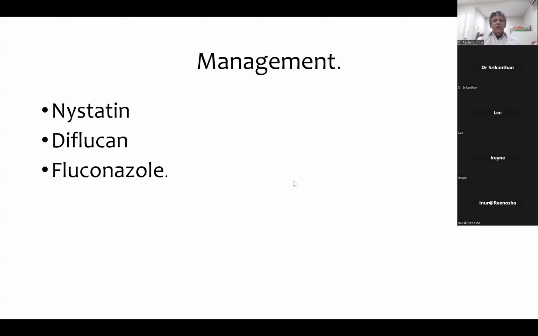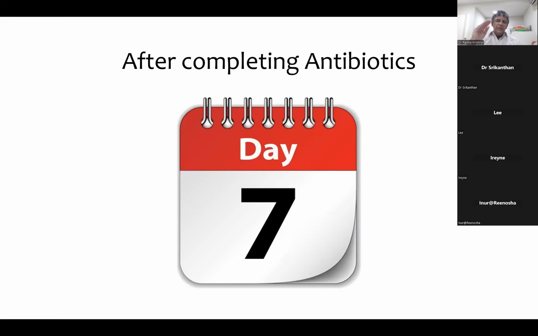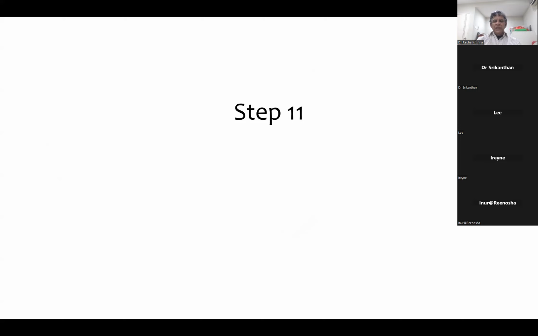So that's why you have to give weekly, or we can defer fluconazole or Diflucan until we clear out other factors first. Fluconazole 150 milligrams on day 7. That means when you have started on antibiotics, 5 days, give a day rest, day 6. Day 7 is when we start step 11.